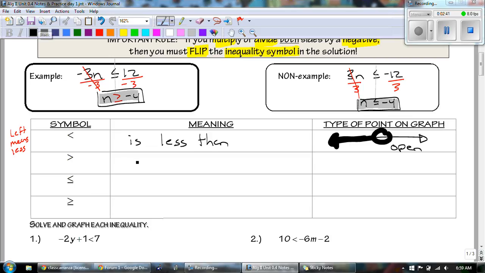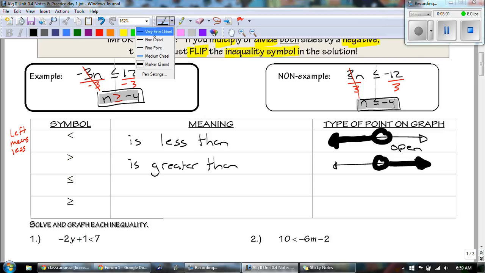Now, my next one, that is greater than. So if I'm drawing this, once again, I'm going to have my point, but it's going to be open, and I'm going to shade everything to the right, okay, because it's greater. So just remember that that is open as well.